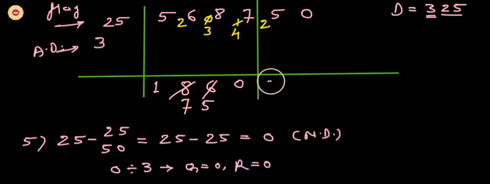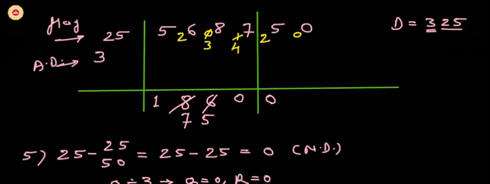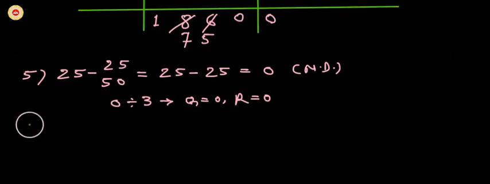So write quotient 0 below gross dividend 25 and write remainder 0 as a prefix to the next digit in the dividend, which is 0 only. So the gross dividend is 0. So let us calculate the net dividend out of this gross dividend. So step number 6.